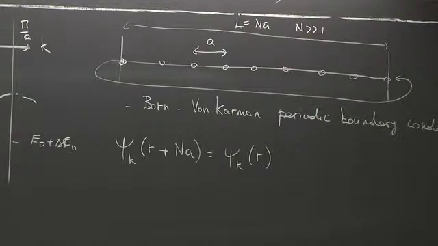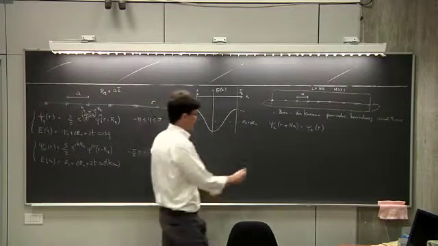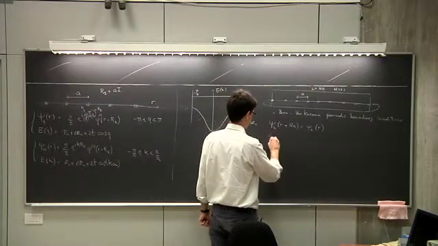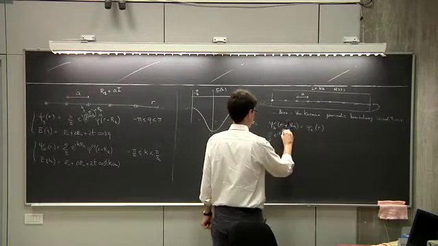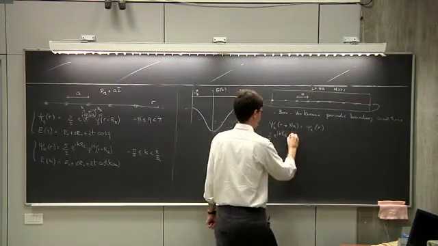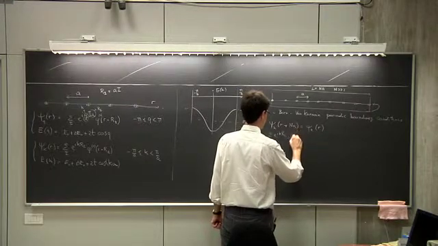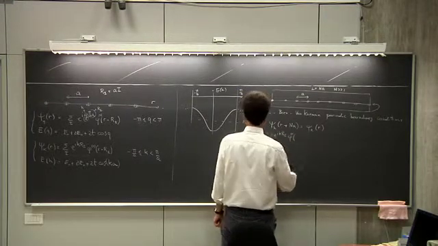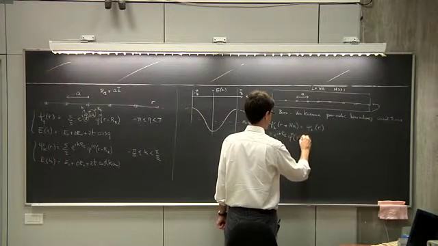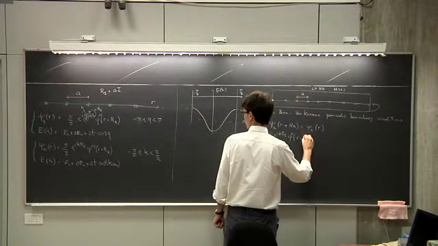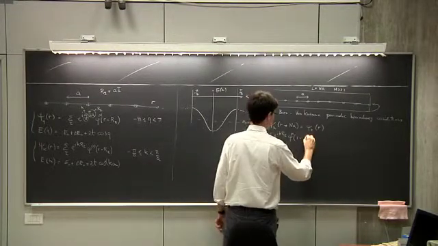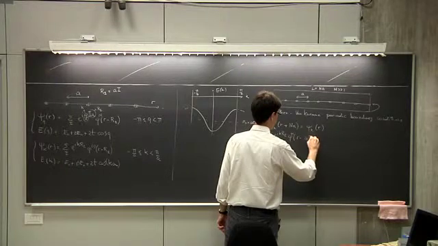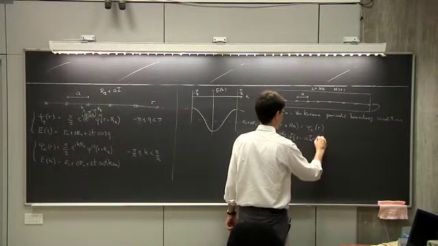Okay, so let me explicitly impose this onto these functions. So we have the sum over i of e to the i k r_i phi_0 of r minus r_i. Let me write that as a_i plus Na.